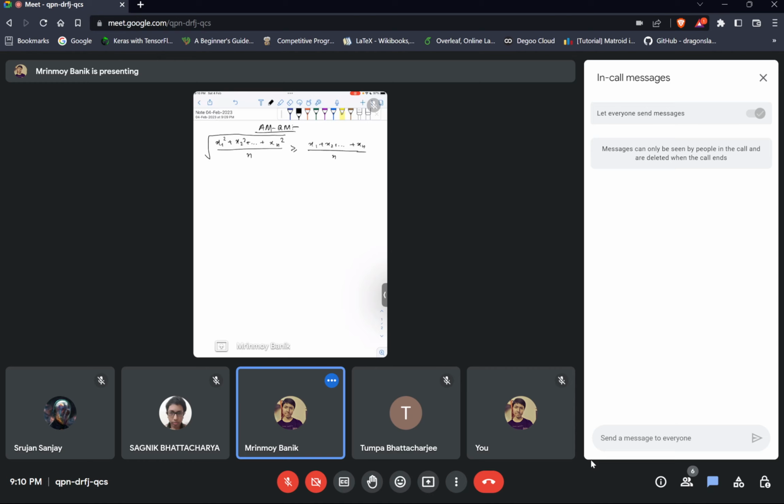Suppose the first vector is x1, x2, x3 up till xn, each divided by root n. And the second vector is the same thing: x1 by root n, x2 by root n, up till xn by root n. So we take both vectors as the same, xi by root n.